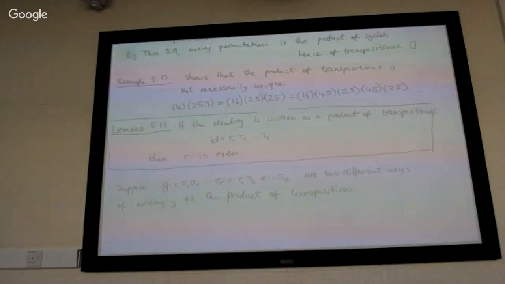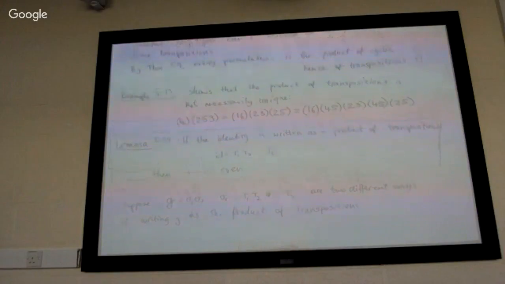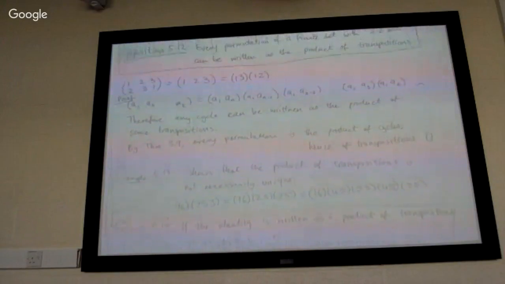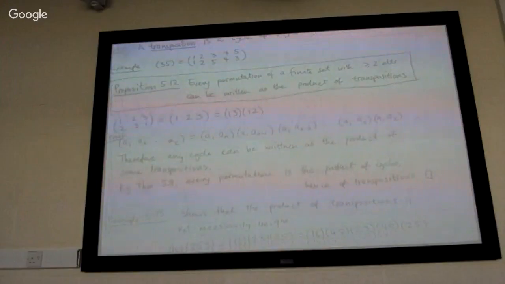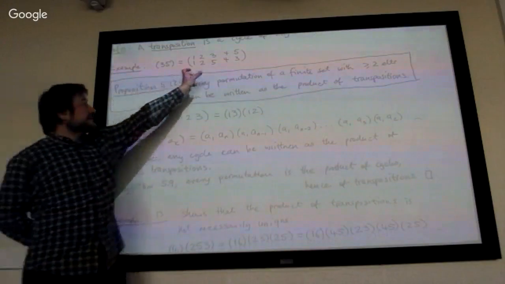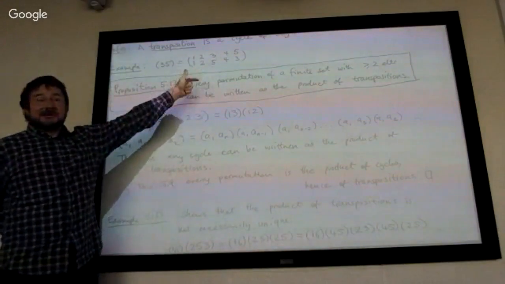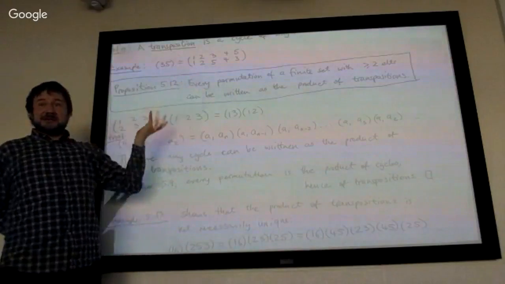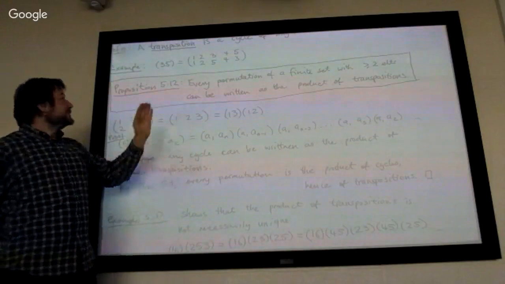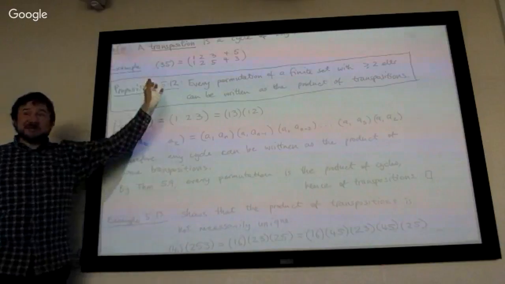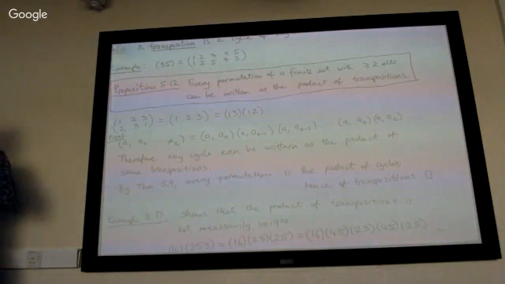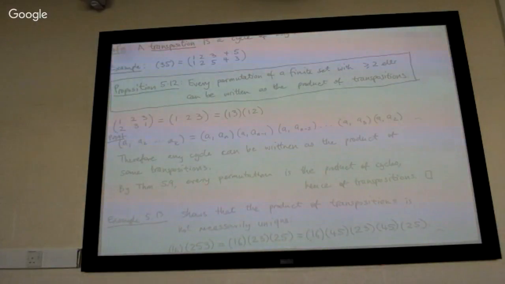Yes, because when I go back, that's just an example, but this just switches 3 and 5. If you switch 3 and 5 again, you get the identity. So multiplying a transposition with itself gives you the identity, so the inverse of a transposition is itself.